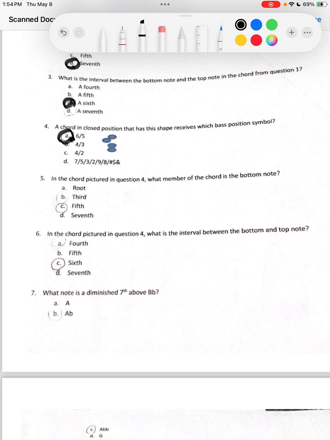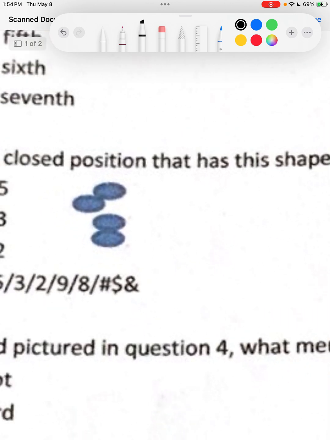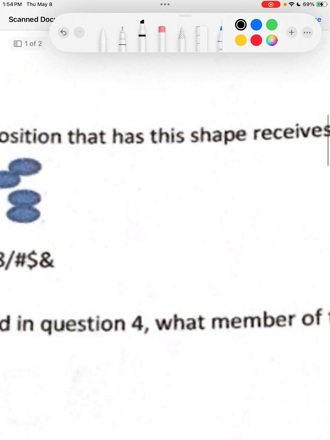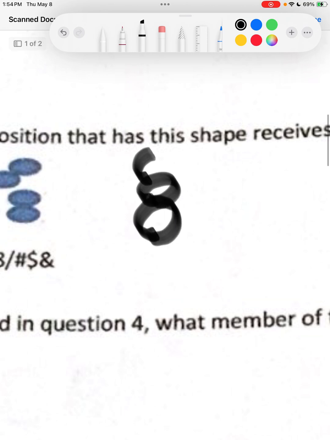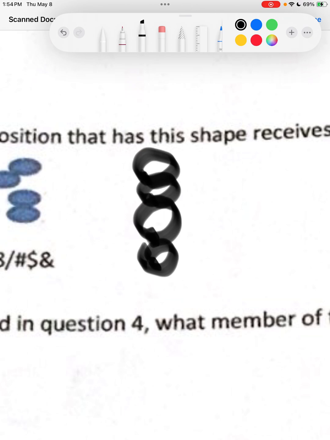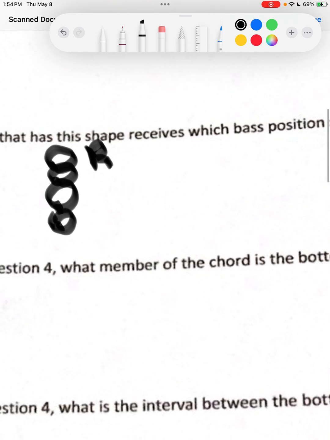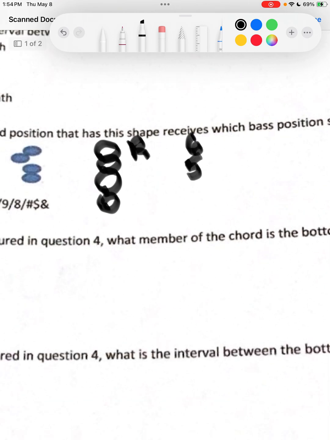In the chord picture in question 4, what member is the bottom note? Okay. So from this point, now I'm gonna draw the figure too, just to make sure we got this together. And root. Okay, so this is called root by itself. Alright, so if I drew a 6-5 figure, something is going to change.